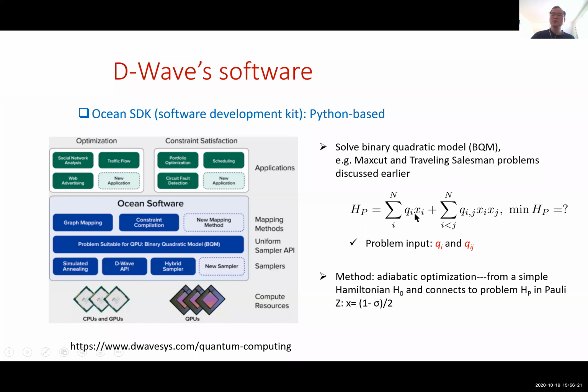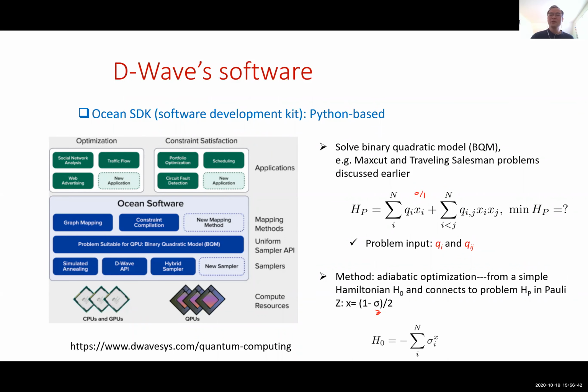You can turn this problem Hamiltonian using the mapping to sigma z, so the x as binary variable turns into Pauli sigma z. These define a binary quadratic model, the classical problem that you want to solve.